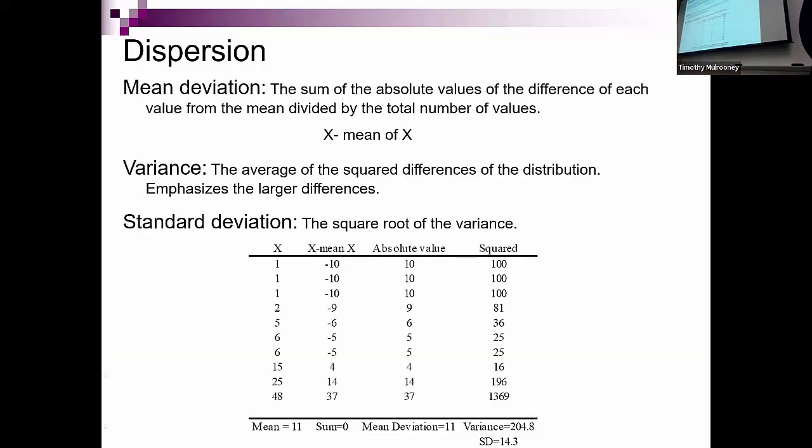Now, other things get a little bit more abstract. We have something called variance, mean deviation. Standard deviation is another thing that we work with, where we look at the difference between the value and the mean. And that mean is represented by what we call X bar. This is how we start to calculate the standard deviation.